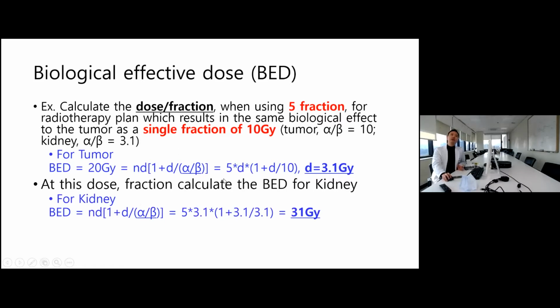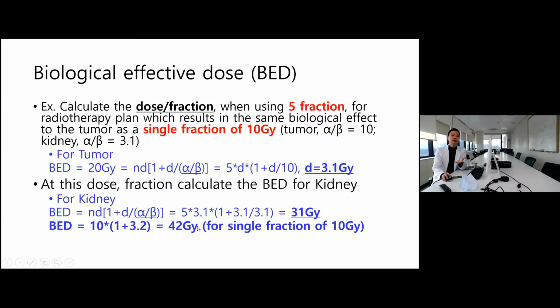To calculate the BED, what you should know is the alpha beta ratio of each tissue. So putting in the value of 3.1, you get a kidney BED of 31 gray. But what is interesting is that if you calculate the BED by assuming a single fraction of 10 gray, it comes out to be 42 gray.